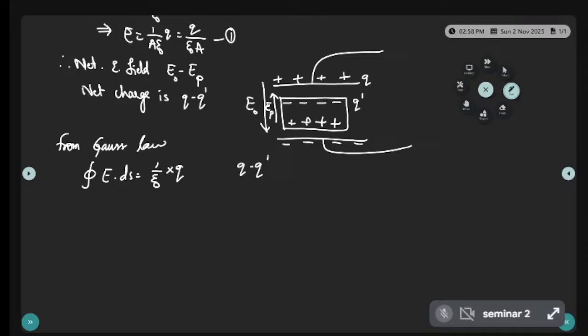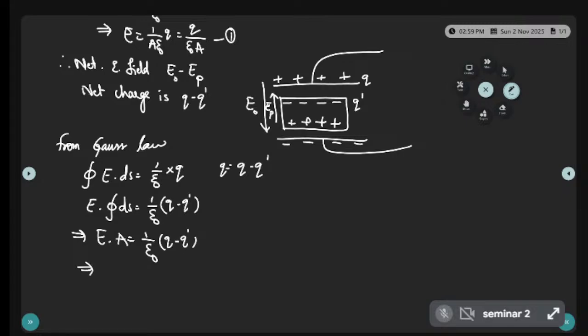Q minus Q prime. So the equation is integral E dot ds equals 1 by epsilon naught into (Q minus Q prime). E dot A is equal to 1 by epsilon naught into (Q minus Q prime). From this, E is equal to 1 by epsilon naught A into (Q minus Q prime).